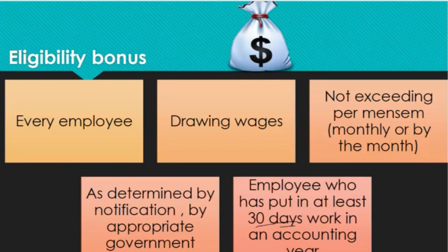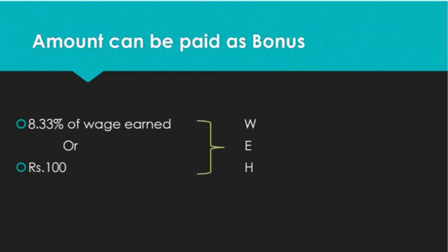So not exceeding a particular monthly wage limit as notified by the appropriate government. As notified, 15,000 is the wage limit for all the cases, even with PF pension. Every employee who has worked at least 30 days, drawing wages not exceeding the limit specified by the appropriate government, will be eligible for bonus under the Code of Wages Act.